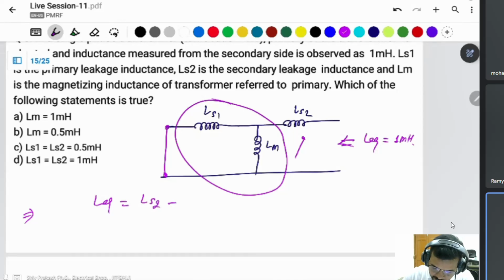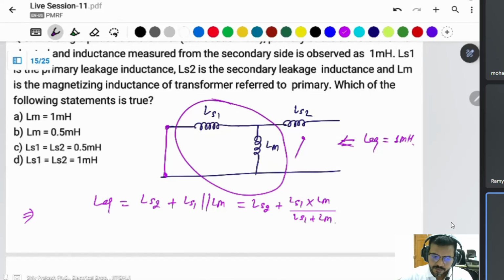LS2 plus LS1 parallel with LM, that is LS1 into LM divided by LS1 plus LM.